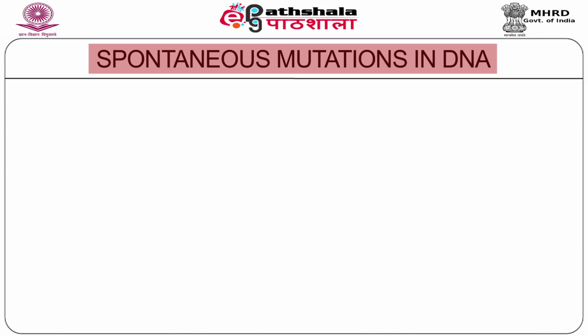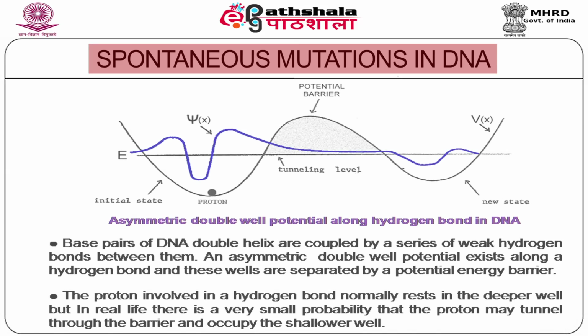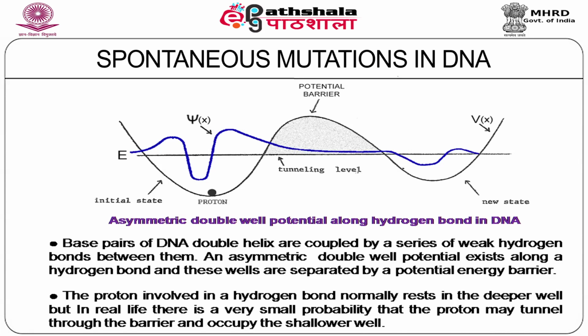Next, we talk about spontaneous mutation in DNA, which could be a result of proton tunneling through a potential barrier along the hydrogen bonds in a DNA molecule. You can see in the diagram the asymmetric double well potential along a hydrogen bond in DNA.